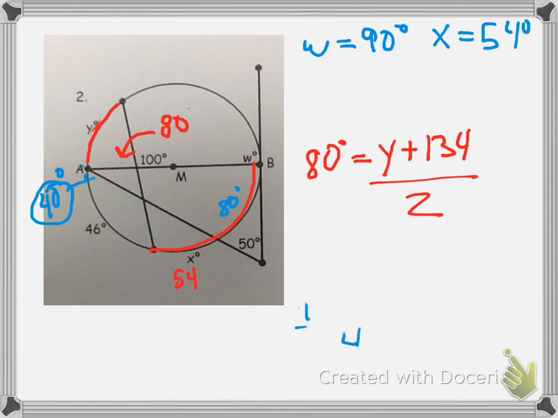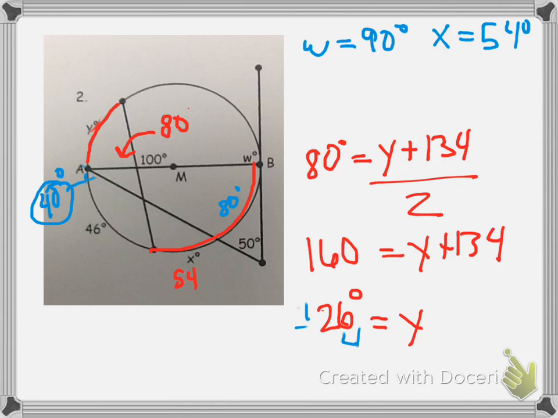So we get rid of that 2, we get 160 equals y plus 134. So that means that y is equal to 26.